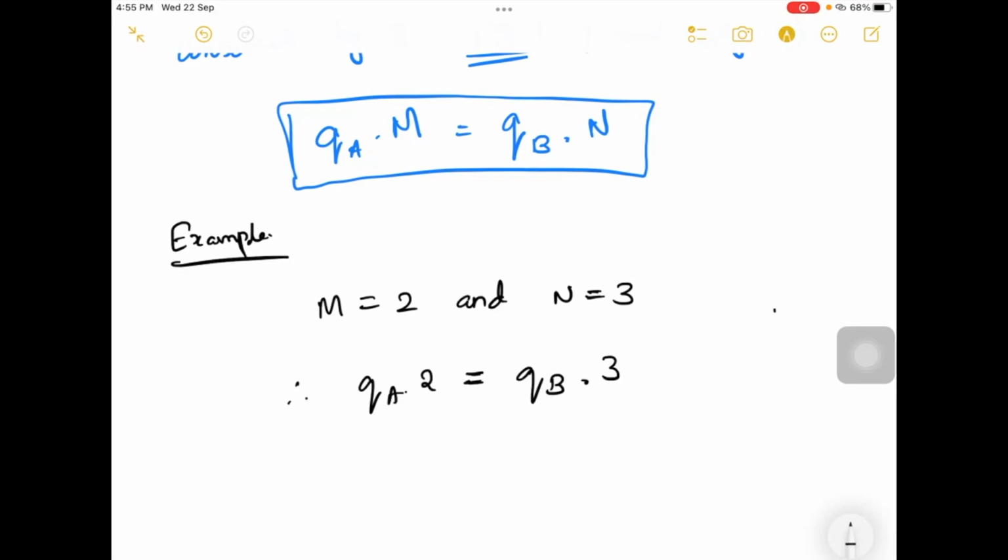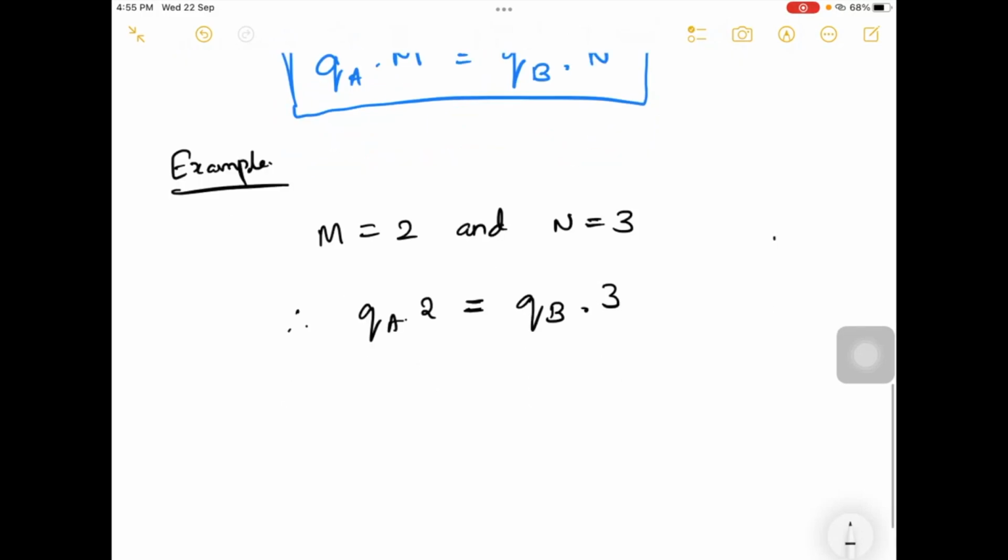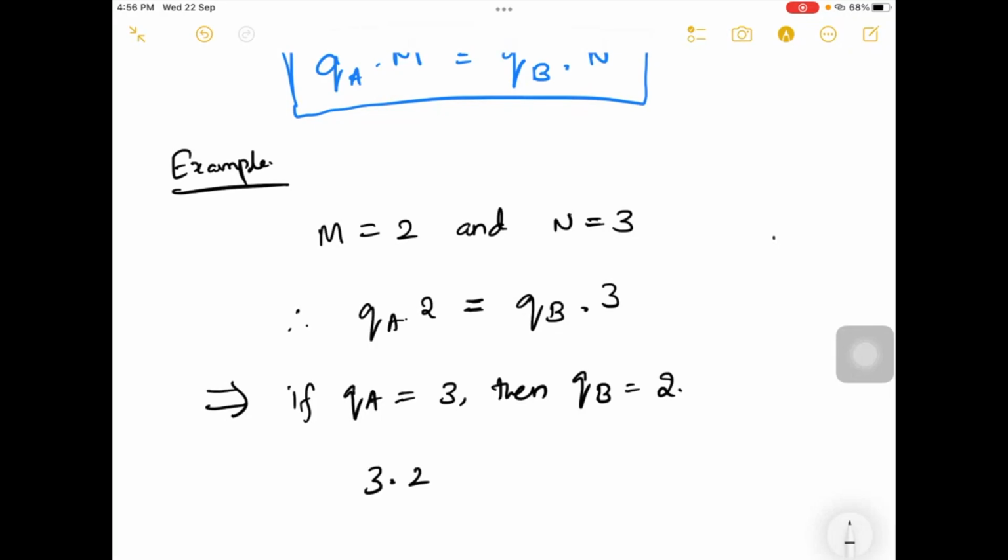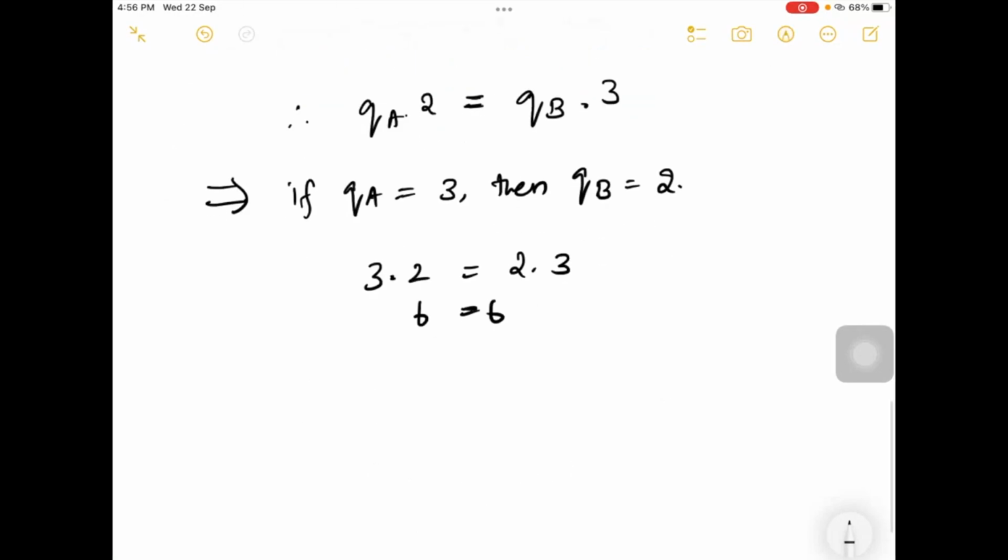Both sides should be equal, and there could be multiple options for QA and QB. The starting option: if QA equals 3, then QB should be 2, because 3 into 2 equals 2 into 3, so 6 equals 6. Both get satisfied.